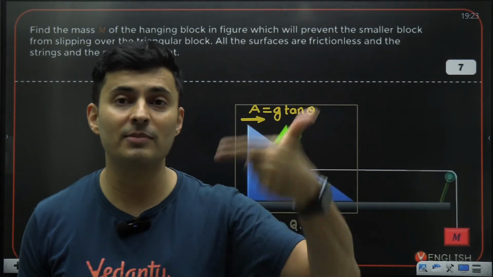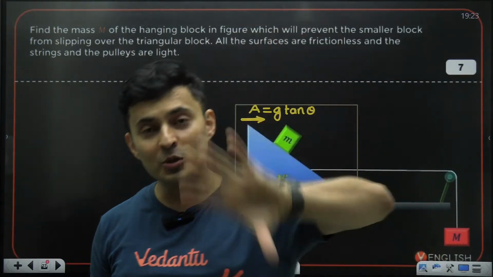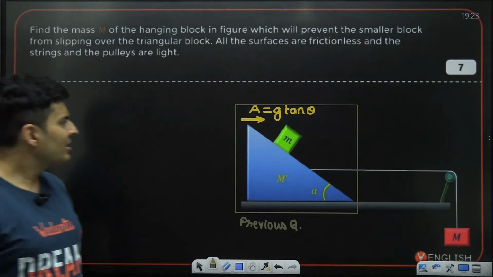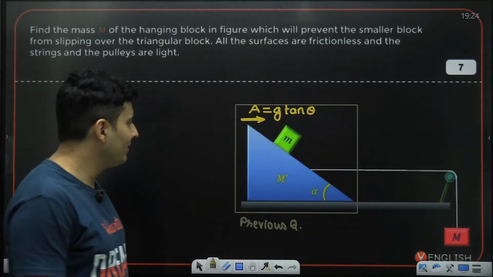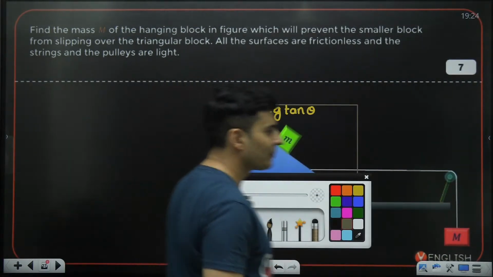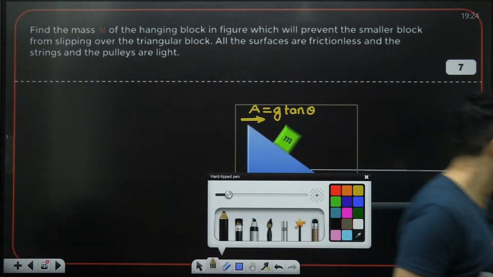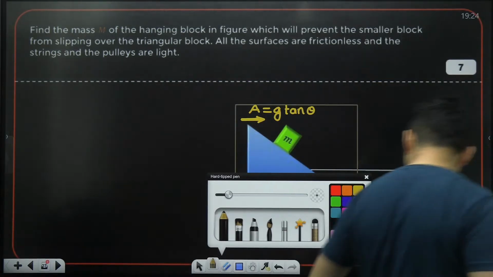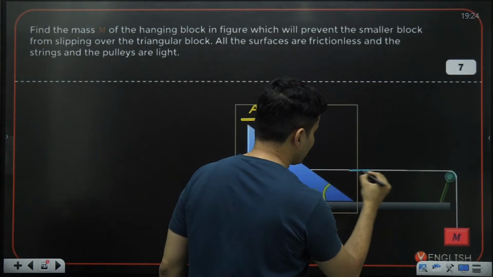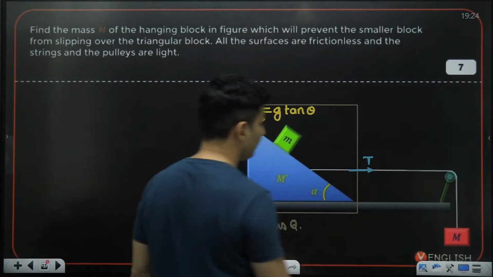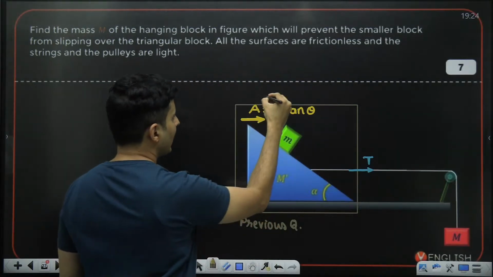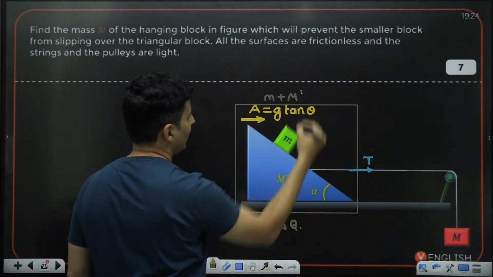That is why some problems build up onto another problem, and using this problem, you can build up one more question like that. Oh, sir, then what do you do with this? Okay, I'll tell you. If you take this as one system, then what is the net external force, my dear warriors? In the horizontal direction, there is only one force externally, and that is tension. The entire system has total mass m plus m prime.